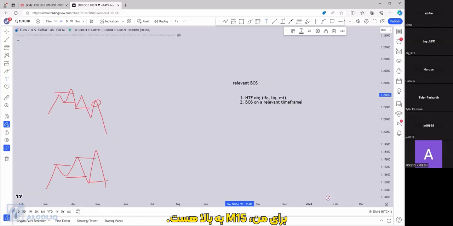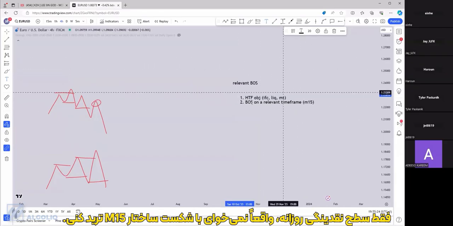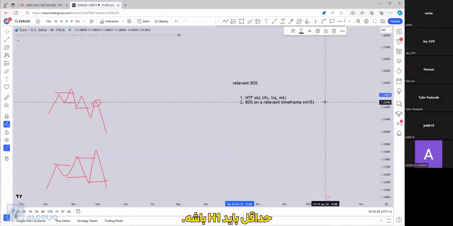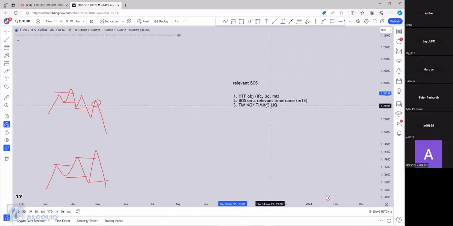So for me, it would be M15 plus. Okay, but it also depends, because if it's a daily liquidity level, you don't really want to trade an M15 breaker structure. You will want at least H1, right? And third would be timing or timing liquidity.